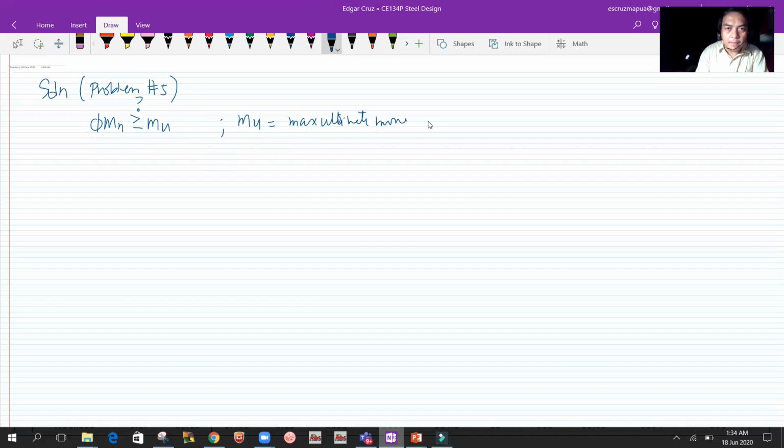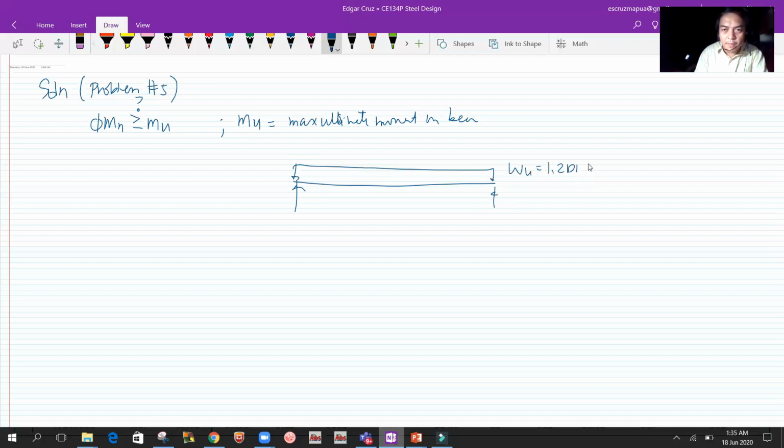sa beam, on beam. Diba yung beam natin, so simple beam, tapos may uniform load. Okay, so yung uniform load, say WU, gamitan mo siya na 1.2 given yung dead load plus 1.6 given yung live load. So makukuha mo yung WU. Ayan, so yan yung WU. Tapos, meron tayong concentrated load sa wala sa gitna.